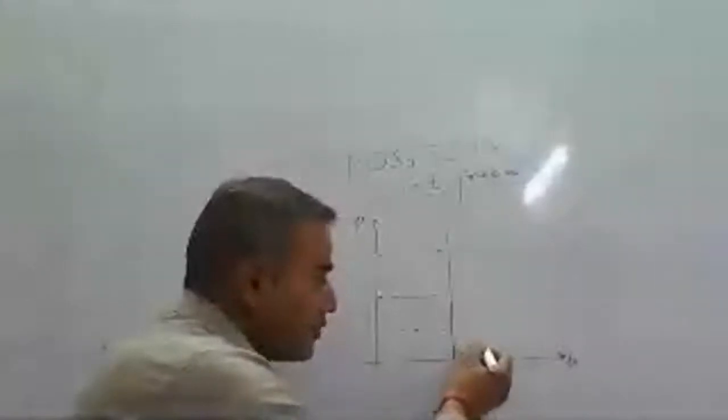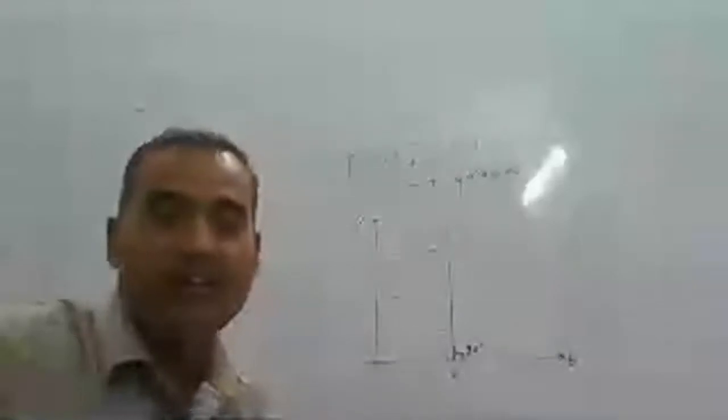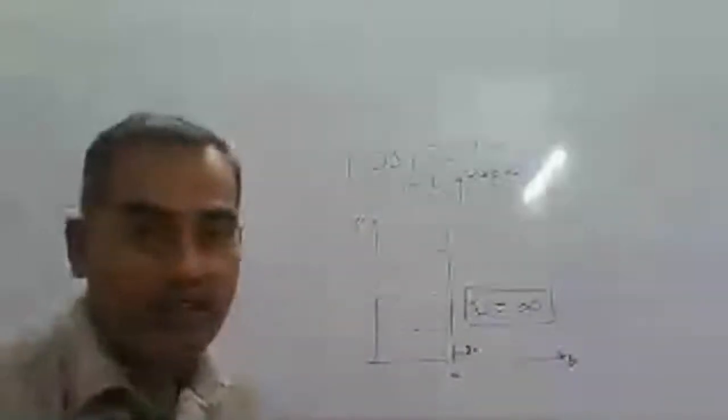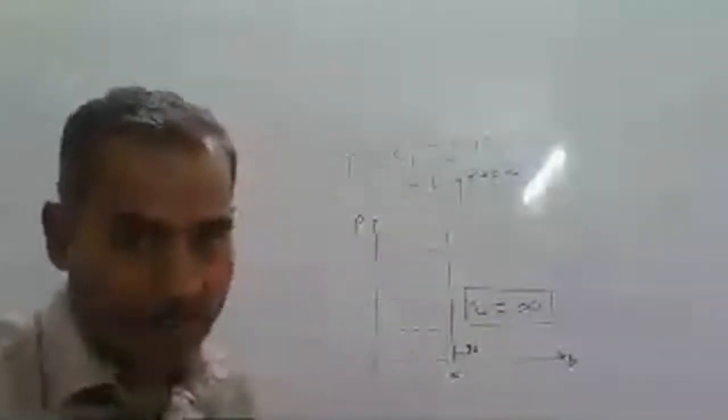Here the angle is 90 degrees, and this graph shows the velocity of the particle is infinite. V equals infinite.